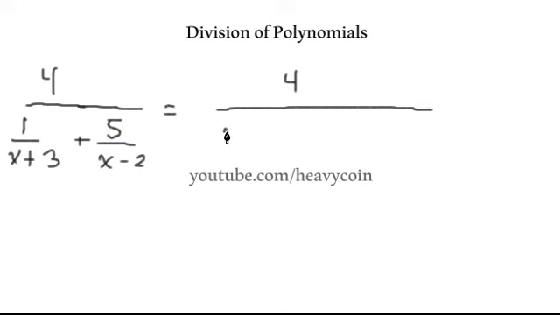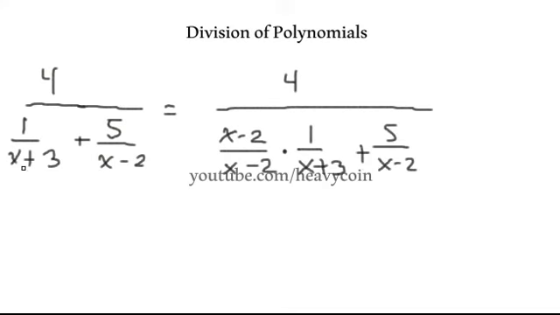And I'm going to write an x minus 2 over x minus 2 times 1 over x plus 3 plus 5 over x minus 2, and then this time we'll write x plus 3 over x plus 3.